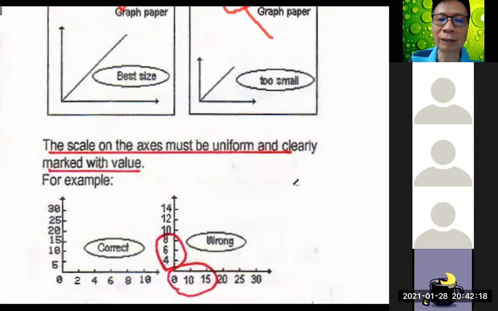What is the meaning when you read this paragraph? We say scale on the axis must be uniform and clearly marked with the value. What is the meaning of that? Why is this correct? Why is this wrong?